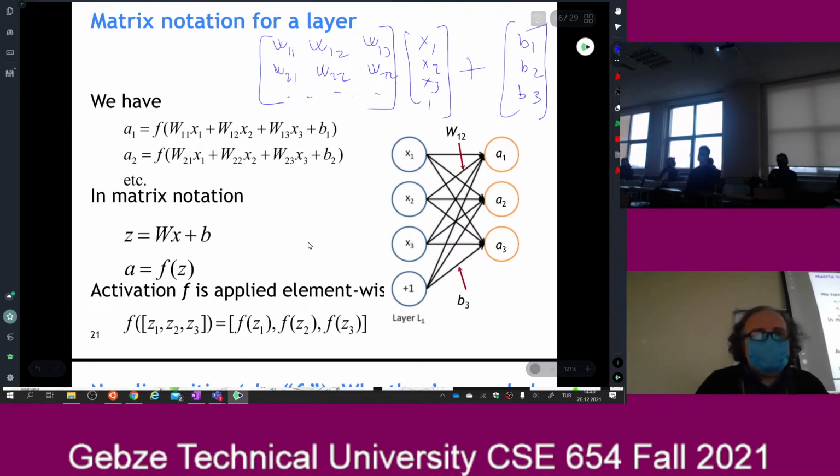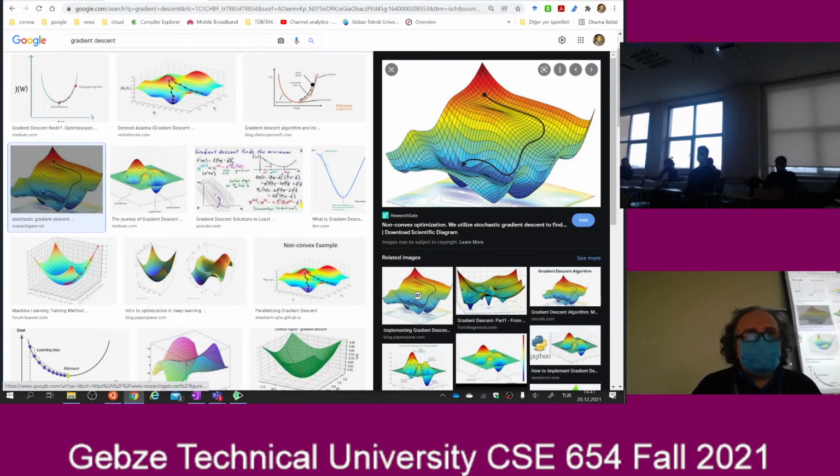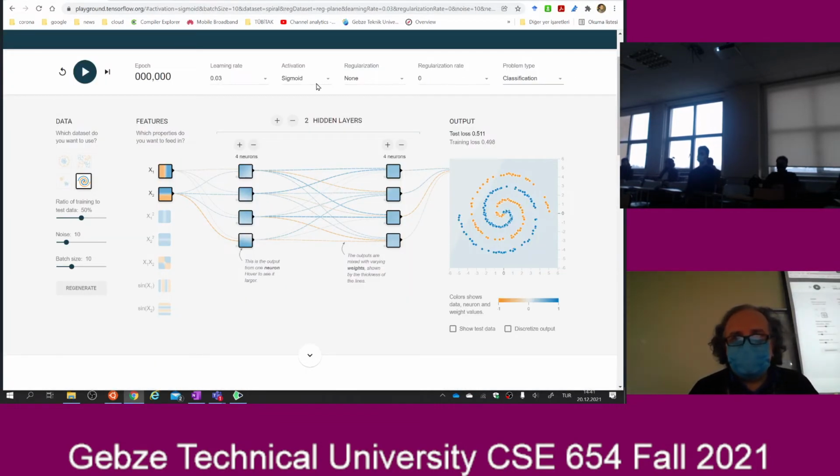Okay, and this is called Z. Before I propagate my Z to the next layer, I pass it through this activation function, which is sigmoid in my case, and those activation functions are different. They change from time to time, but it looks like this one is sigmoid.